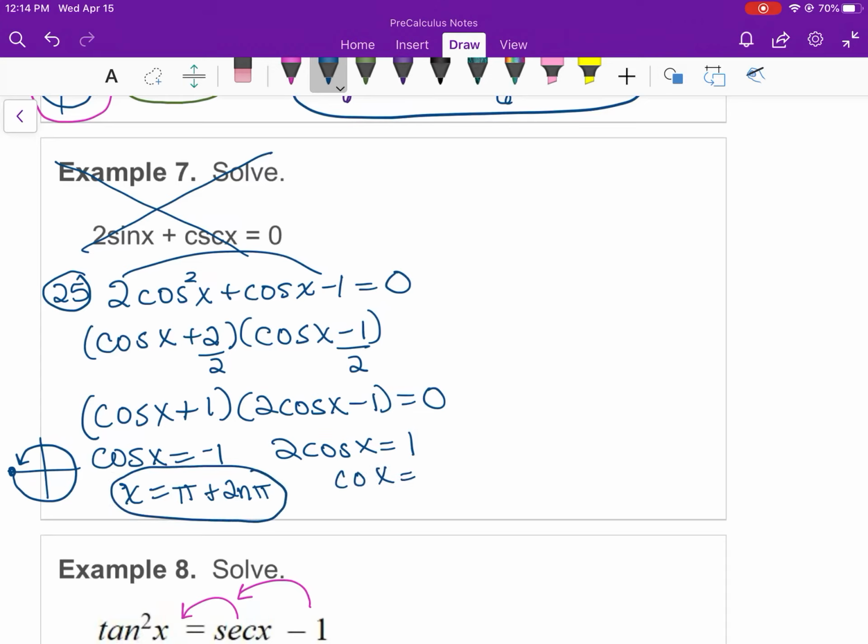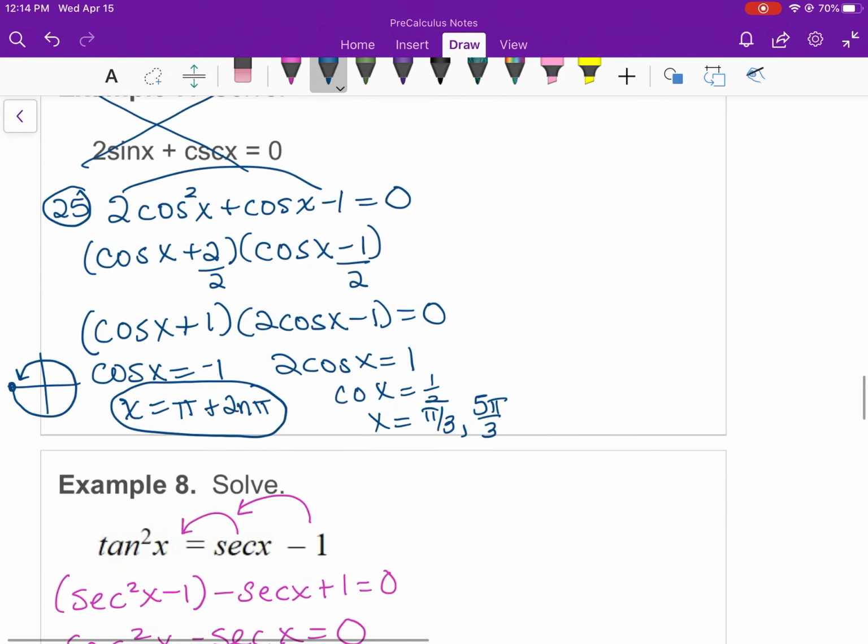Cosine x equals 1/2. That's true at pi over 3 and 5 pi over 3. Well, let's kind of think about where those are on my unit circle. Pi over 3 is up here. 5 pi over 3 is down here. If I start here at pi over 3, the only way I'm going to get back to that is to add a complete circle.